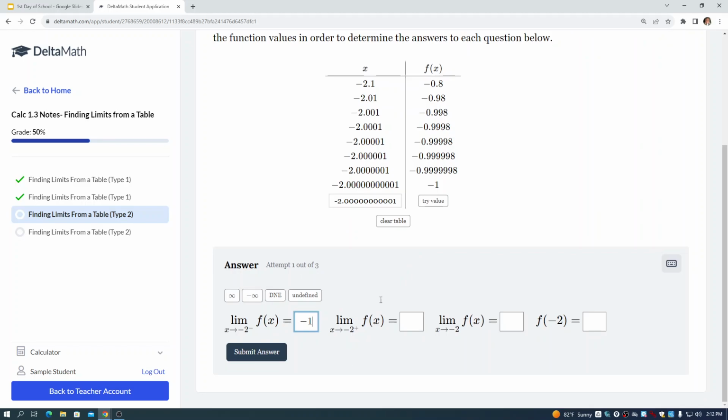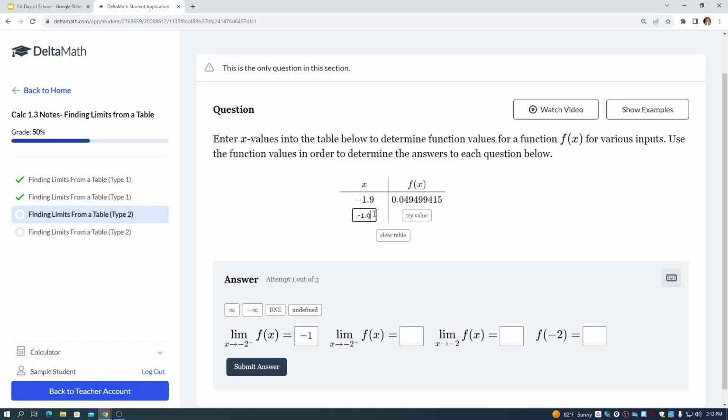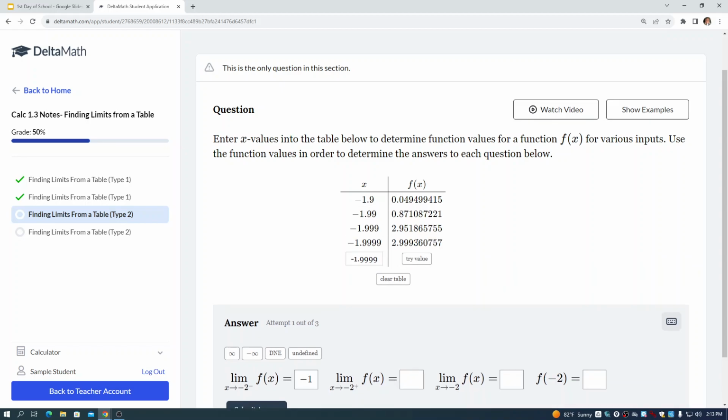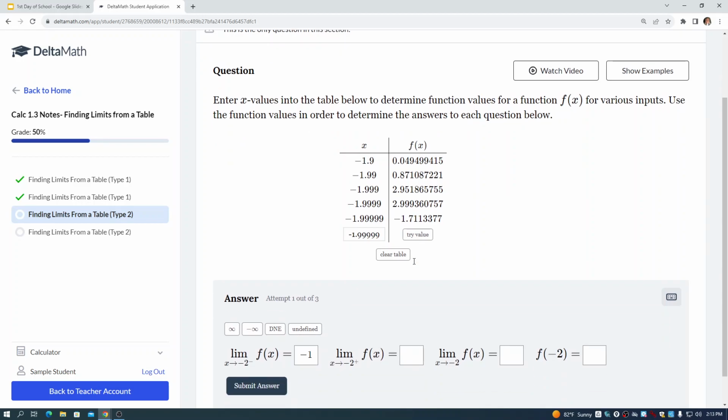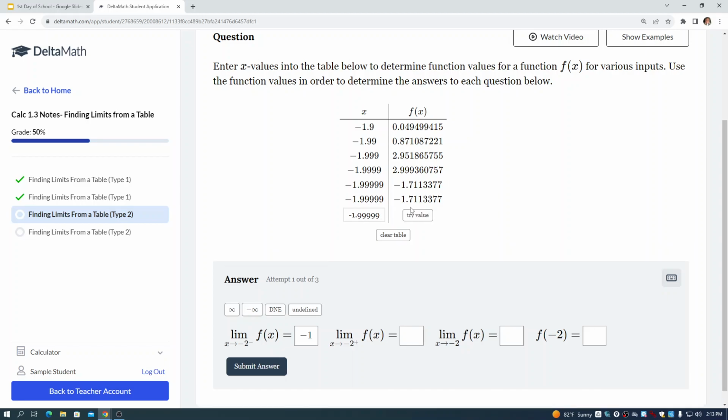Okay, now -2 from the right would be a little less negative, so that's -1.9. This is a good case of why can't I just type in -1.99999 and just see, oh, hey, this is it. Well, you're not seeing the pattern.